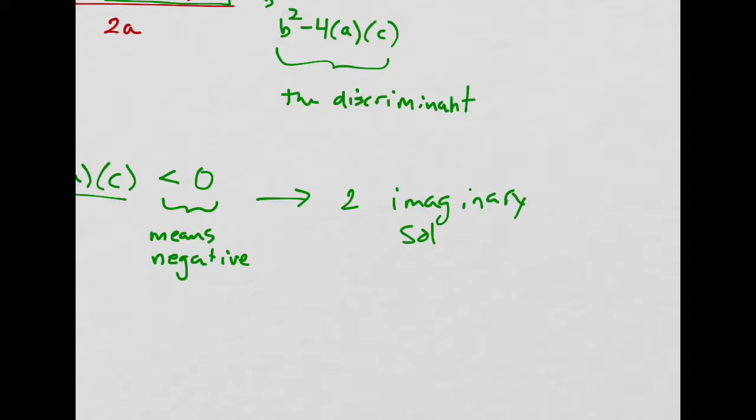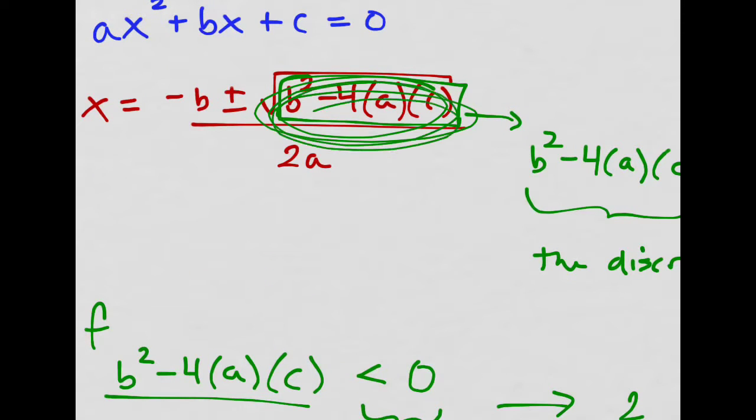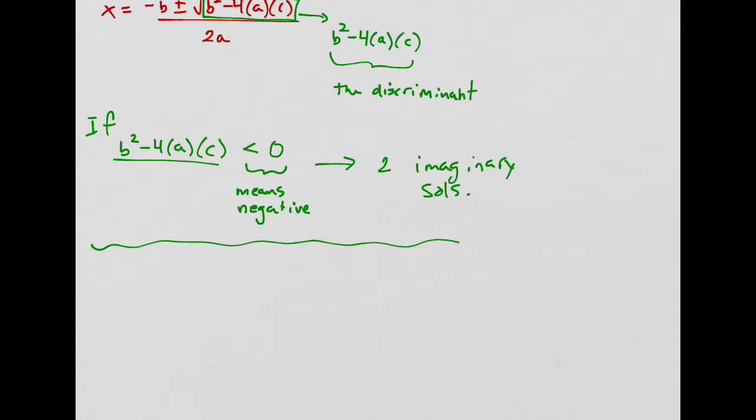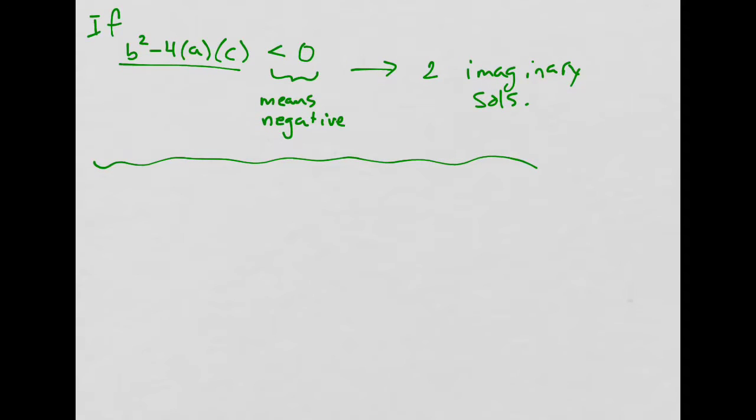Why is that? Because it's the thing underneath the square root. If you get a negative here, you're going to take a square root of a negative, and that gives you i. So if that is negative, there are two imaginary solutions. That's something that you should know.